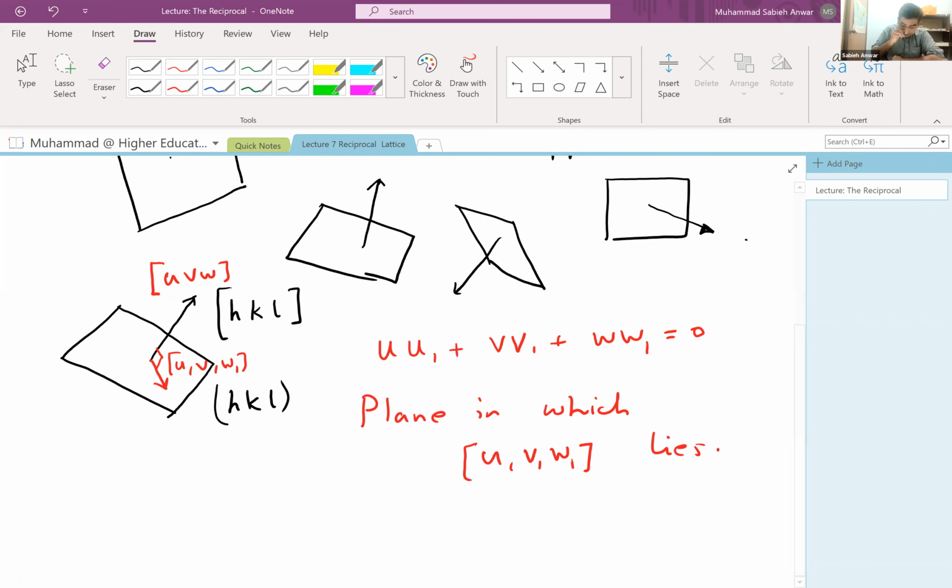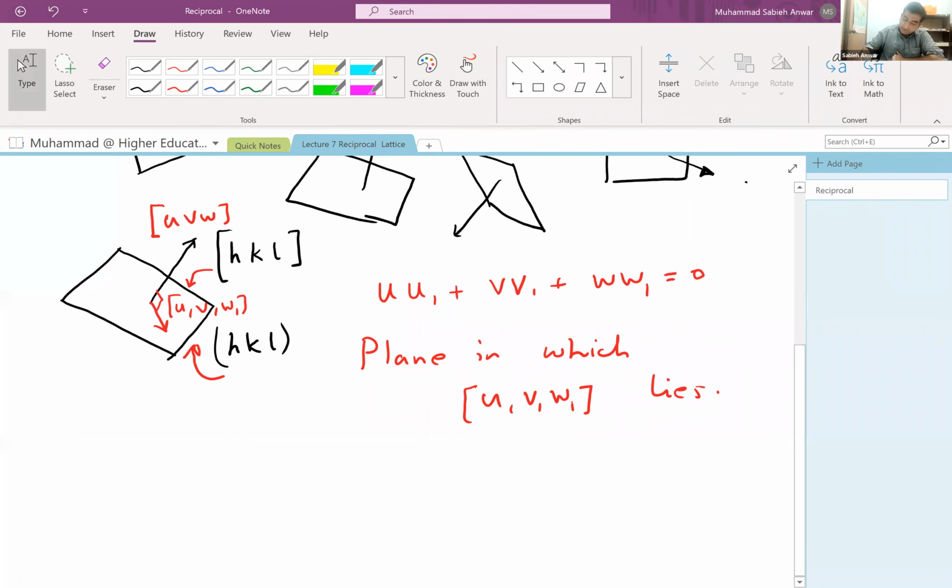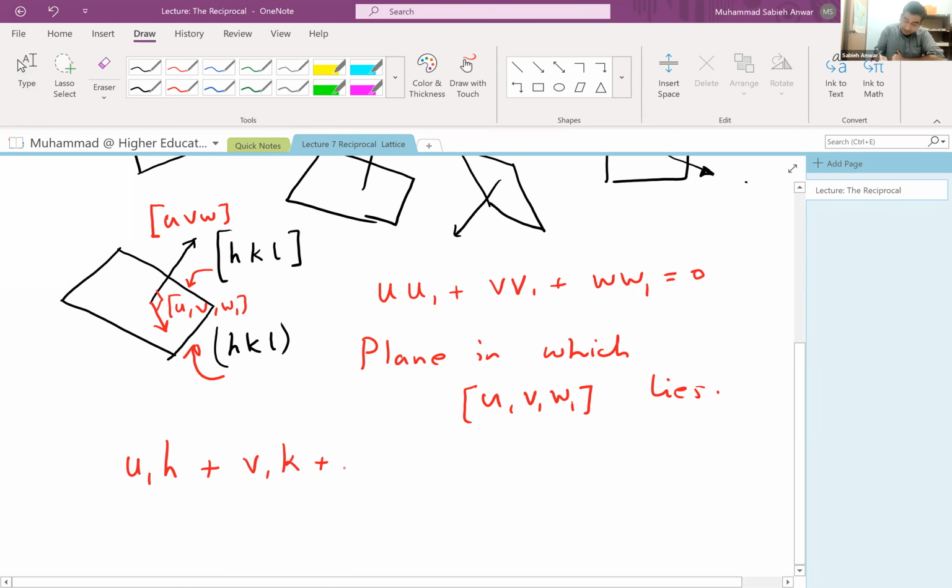Suppose the Miller indices of that plane are (hkl). If I would like to find out a vector u1, v1, w1 that lies inside the plane, I would simply do the following. I would take u1, multiply it with h, v1 multiply it with k, w1 multiply it with l, and put this equal to 0.